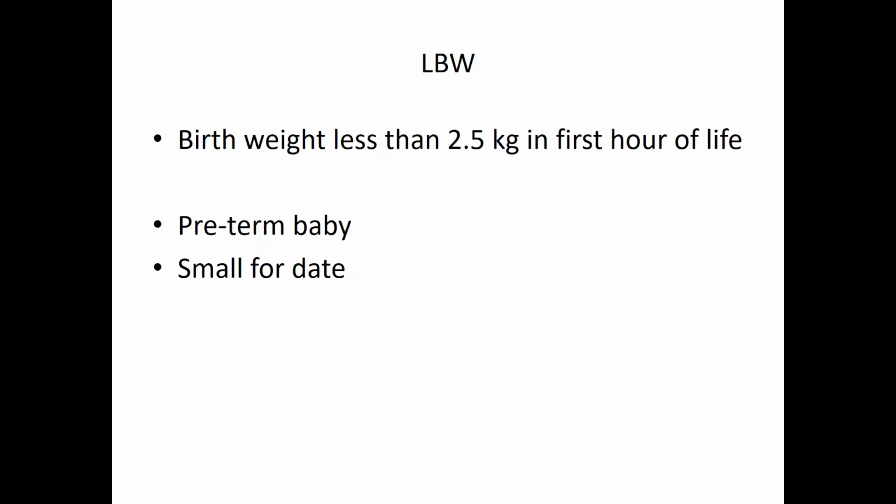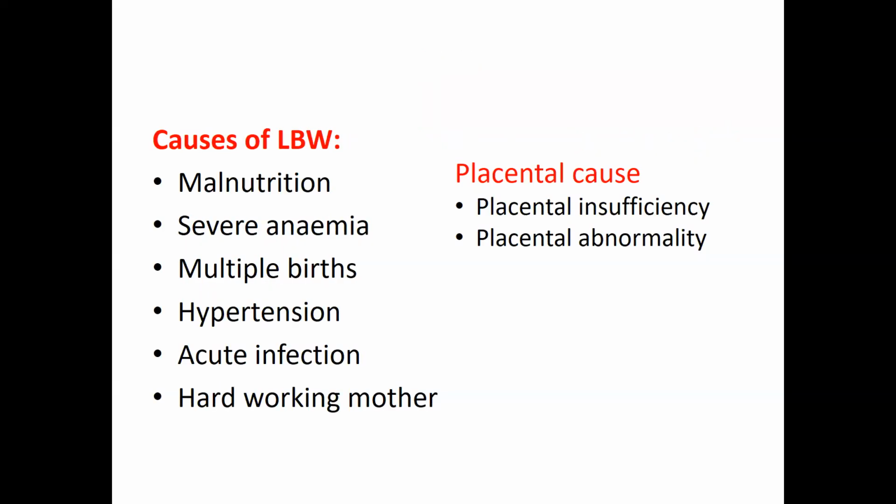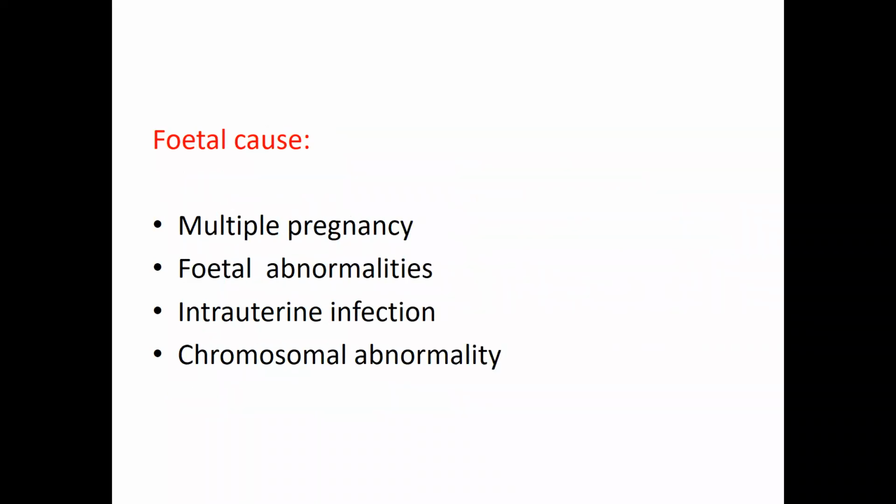Low birth weight is less than 2.5 kilograms in the first hour of life, including preterm babies and small for dates. Causes of low birth weight: malnutrition, severe anemia, multiple births, hypertension, acute infection, a hard-working mother, and the placental causes, which are placental insufficiency and placental abnormality.